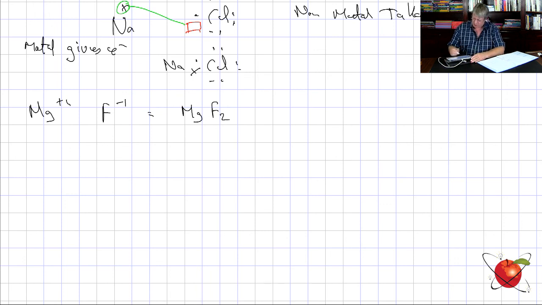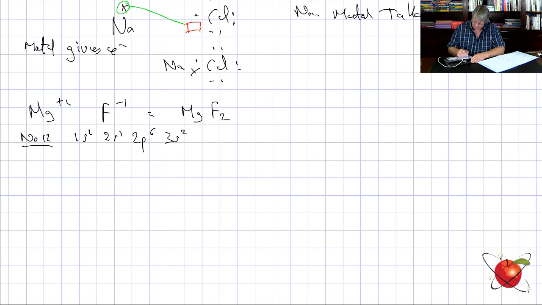How are they going to bond? Well, first of all, we have to find magnesium. We know sodium was 11, magnesium is 12, which means there's 2 electrons. Number 12: 1s2, 2s2, 2p6, 3s2.